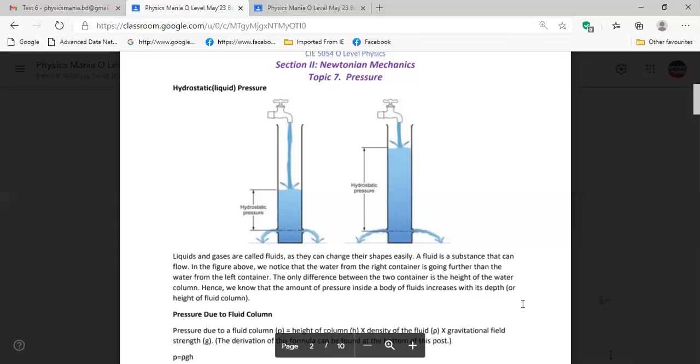Then you write trucks, lorries, wider surface area in the wheel, which decreases the pressure, so that they can move easily on the road without making any damage.